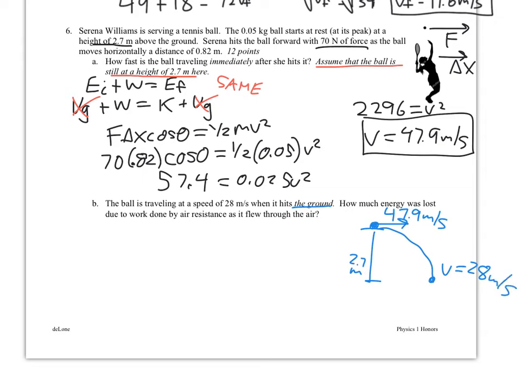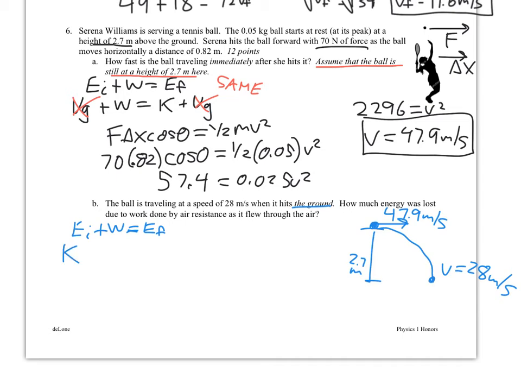And so we want to figure out how much work is done by air resistance as it flies through the air. So we're going to use our same equation here, but our setup's going to look a little bit different. There are a few ways of doing it, but I'm going to consider basically this period of time shown in the picture. So my initial is going to be after it's hit, when it's moving at that speed of 47.9 meters per second, and my final is going to be when it hits the ground.